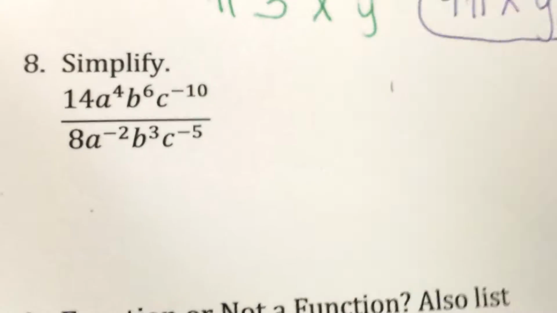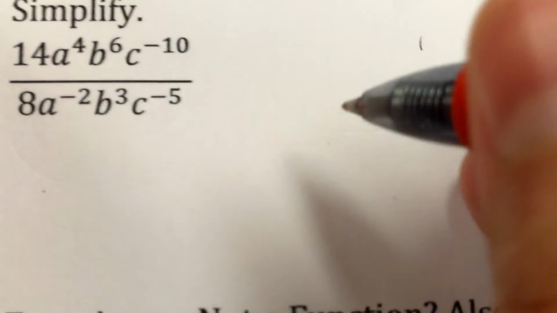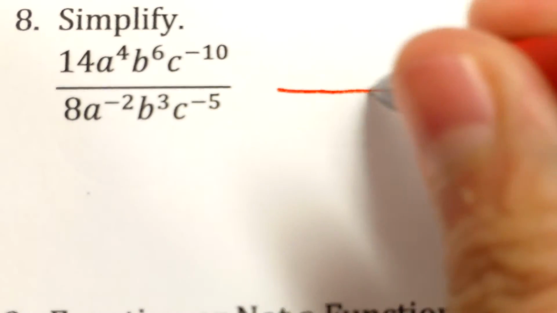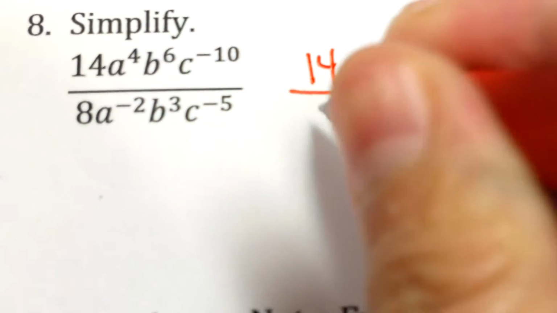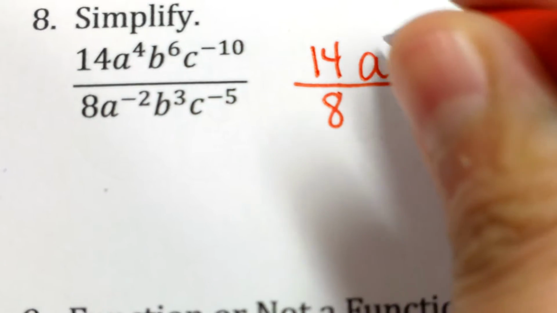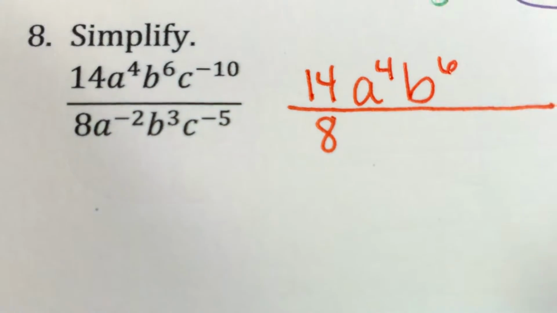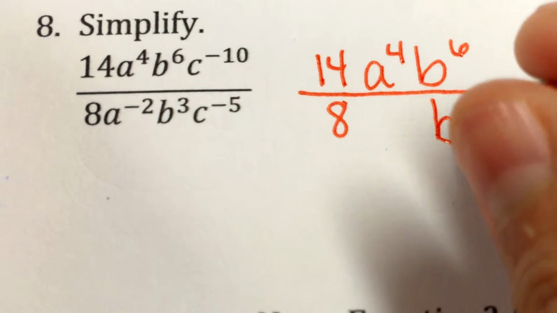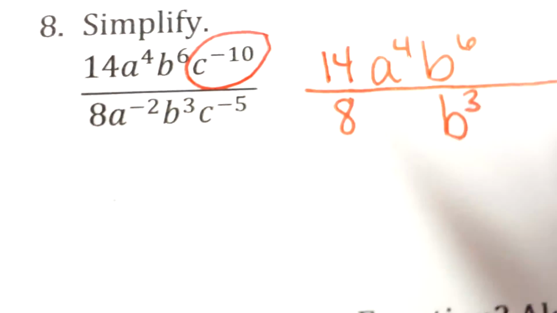Let's go ahead and do another one. Alright, so let's go ahead and move the negatives around. Let's leave the 14 and the 8 alone. Let's leave all the positives alone. And then here I have b^3. Okay, so let's move the c to the negative 10. It's in the top.